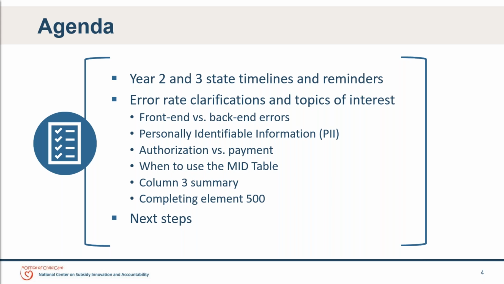We'll talk through PII, authorization, and payment amounts. We're going to walk through when to use the mid-table for an additional inquiry, completing column 3, the findings column of the record review worksheet, as well as completing element 500, the case summary. We'll close out the training today with some next steps and additional opportunities for technical assistance.